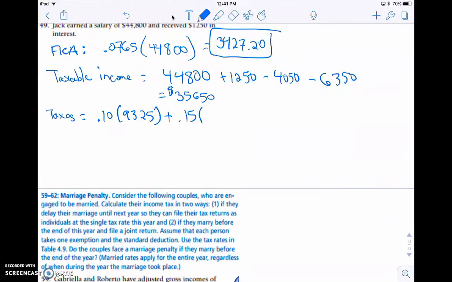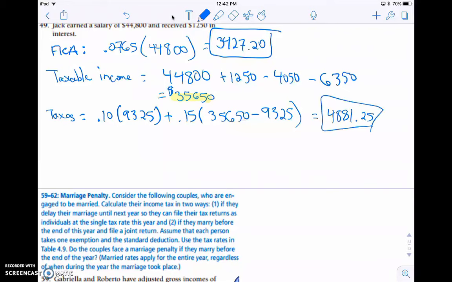Our taxable income isn't quite there, so we're going to be in the 15% tax bracket. So we would take $35,650 and subtract $9,325, because that's the portion that's taxed at 15%. When we do out all of these calculations, we get $4,881.25, and that is how much we owe in income taxes.